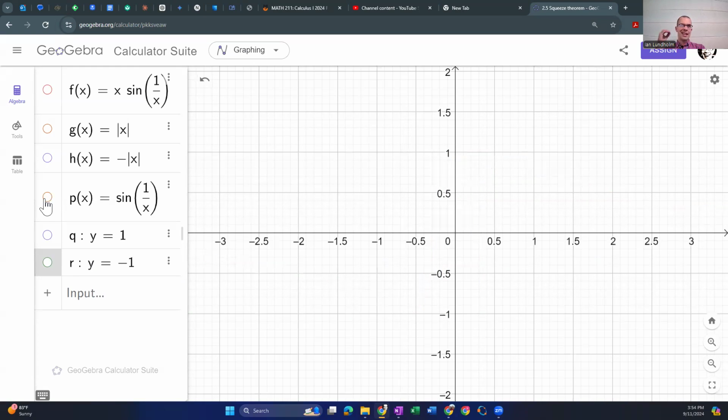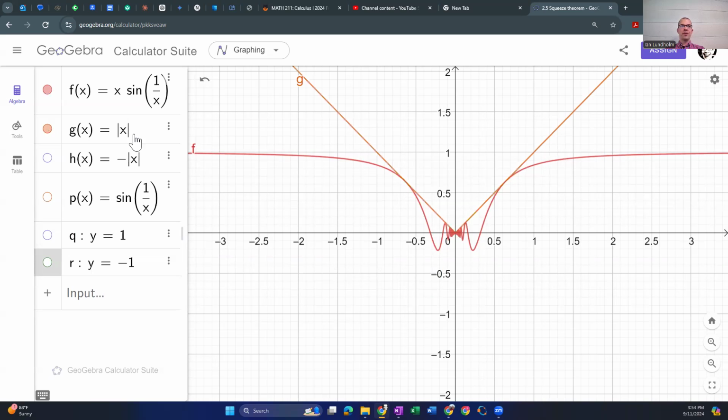So an idea is that since this is x times the sine, what happens if we replace the sine part with 1 and -1? The top part could be given by the absolute value of x so that we're always staying positive. If we use just a regular x here, then half of it would be above this function, but half of it would be below.